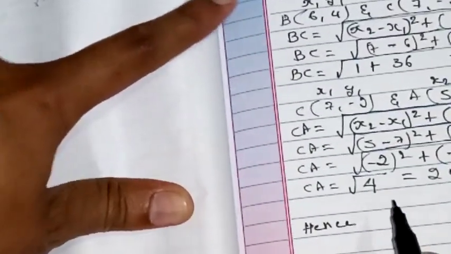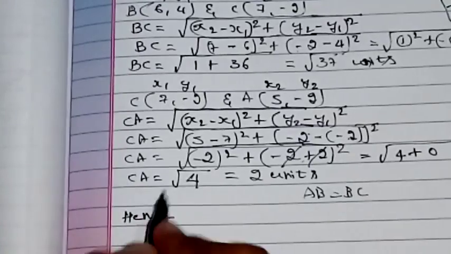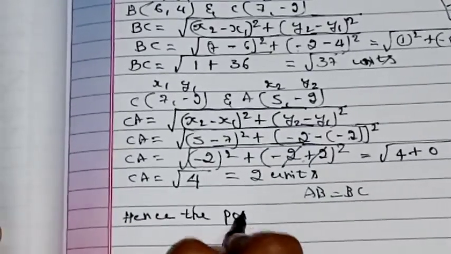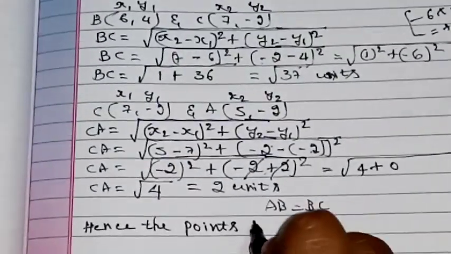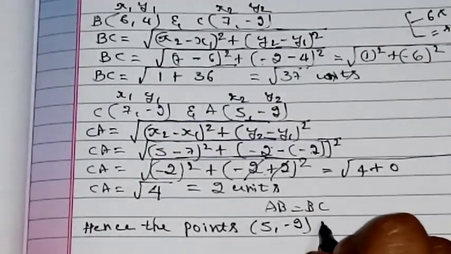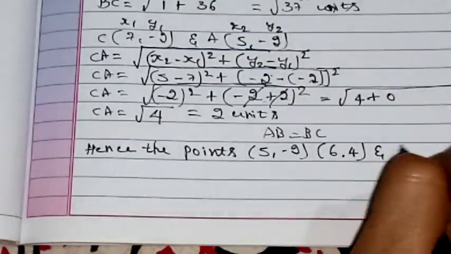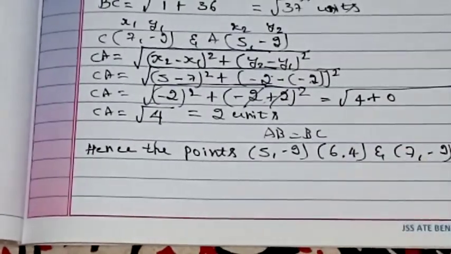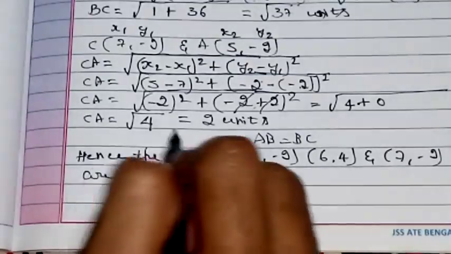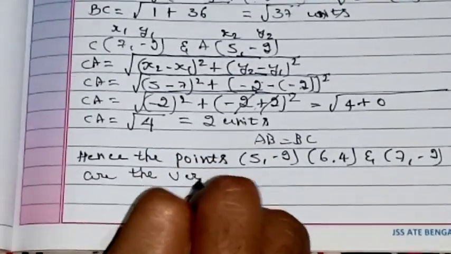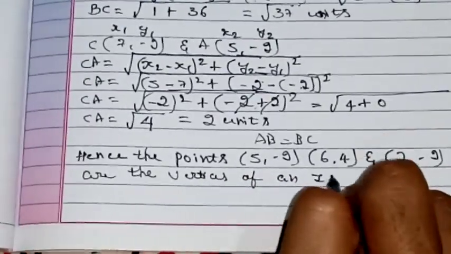Hence the points 5 comma minus 2, 6 comma 4 and 7 comma minus 2 are the vertices of an isosceles triangle.